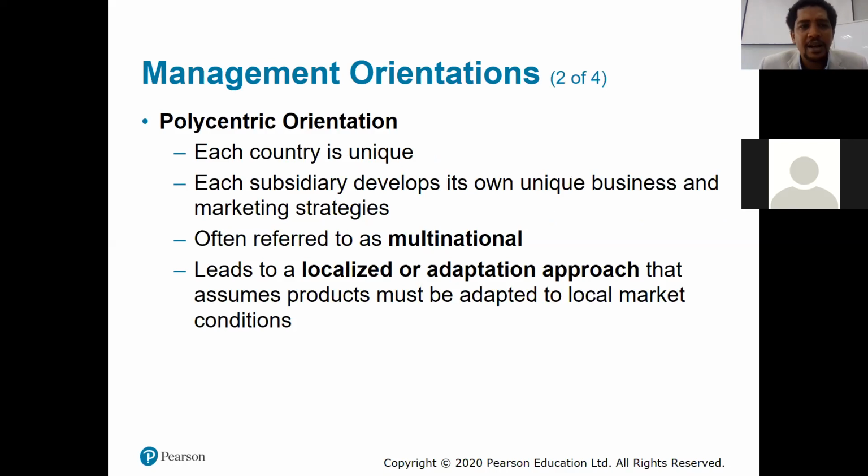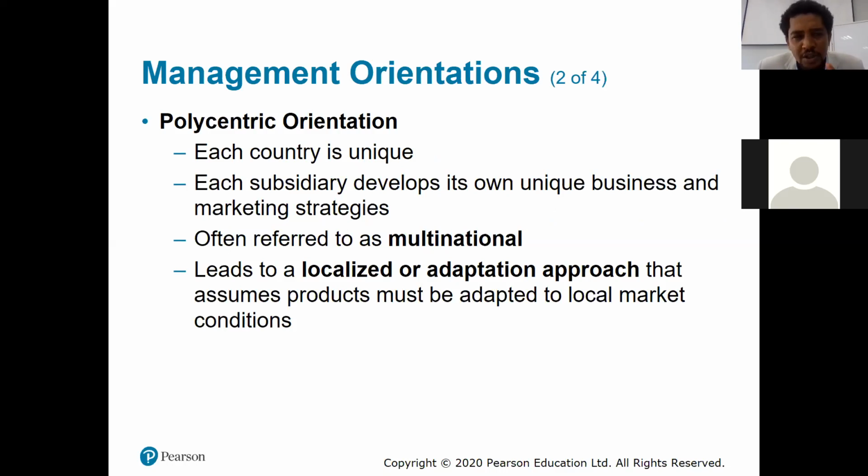And the other is polycentric orientation, which is the opposite of ethnocentric orientation. In polycentric orientation, they think that each country is unique. So each subsidiary develops its own unique business and marketing strategy, often referred to as multinational.